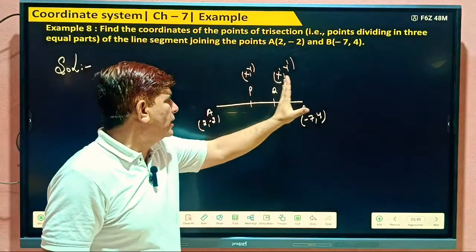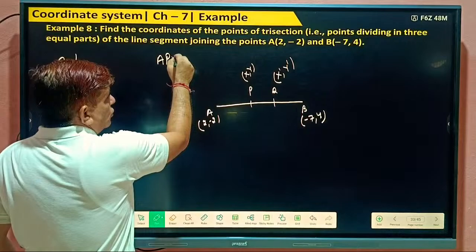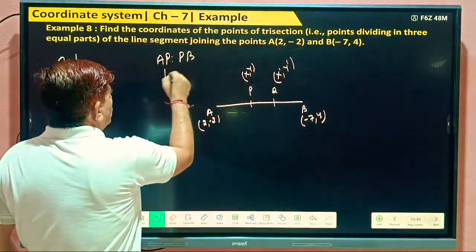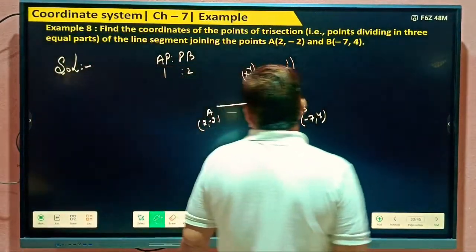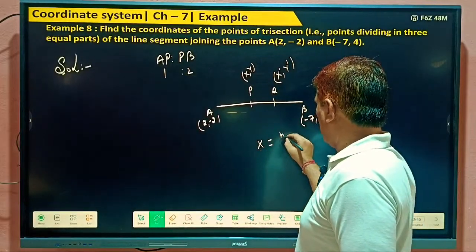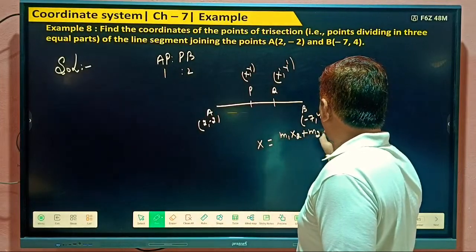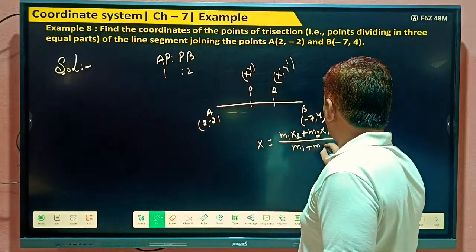So P divides this line segment, AP raised to PB is how much? 1 raised to 2. So first we will find x equal to m1 x2 plus m2 x1 by m1 plus m2.